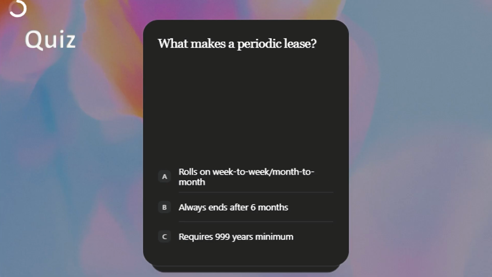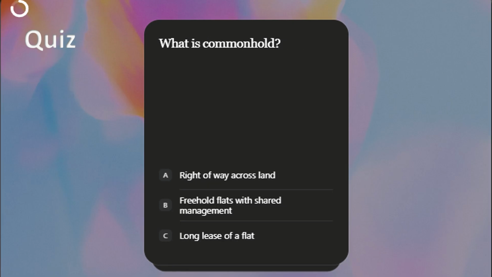Right then, if you got that, what is a periodic lease? Okay, it's kind of included in the name anyway, so it rolls on for a specific time. So maybe it's week to week, maybe month to month, until someone decides, oh, I'm handing in my notice. Then it comes to an end at that point.